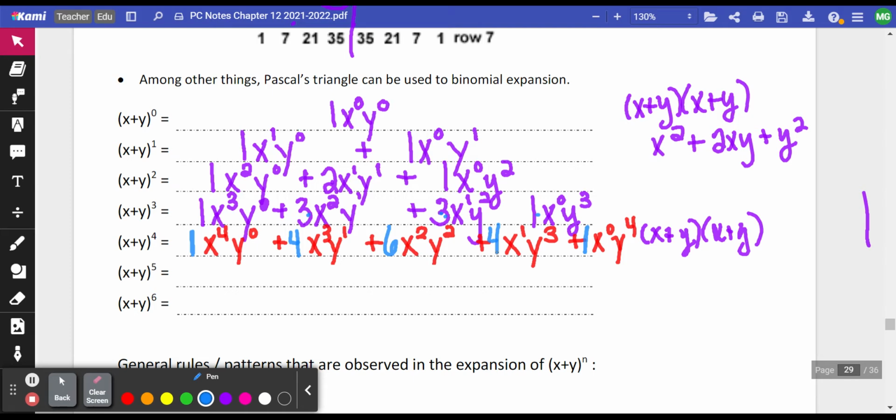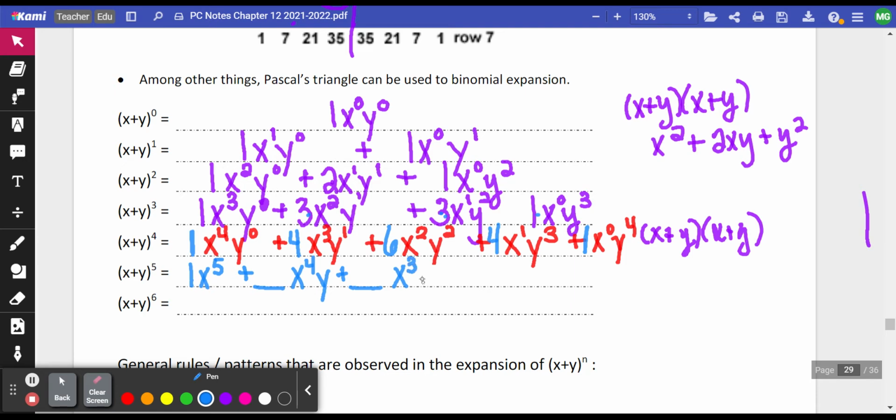Okay, so I'm going to stop writing the y to the zeros. We know that they're there. We know the first term is 1x to the fifth. Y to the 0 isn't necessary. The next term will be some coefficient, and then it'll be x to the fourth, y to the first, and then it will be some coefficient.